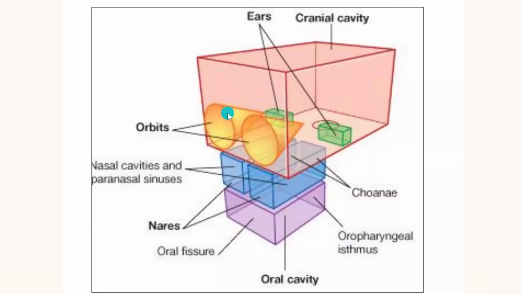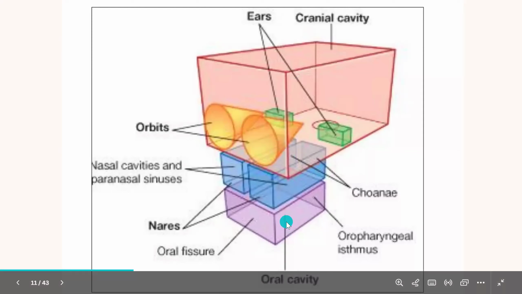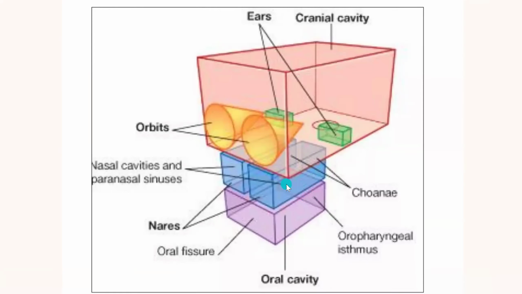Those are the cavities. This image shows you the cavities that are located in the skull region. This huge cavity is the cranial cavity that contains your brain. These two small cavities are the ears.